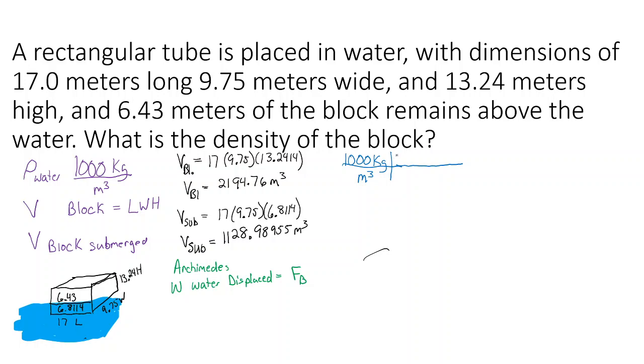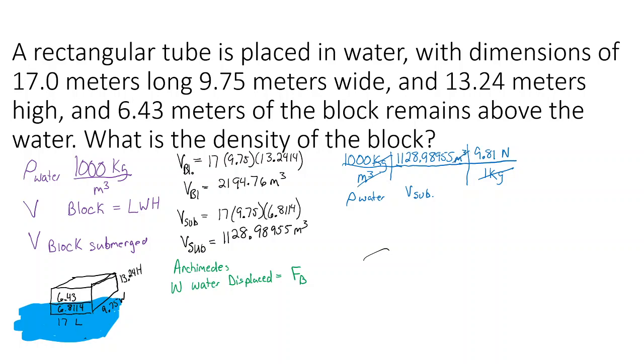So the submerged block's volume is 1,128.98955 meters cubed, and this is the density of water. But then that's not going to give us buoyant force or weight of the water, either one. We've got to turn that into newtons, so it's 9.81 newtons for every 1 kilogram. Now my kilograms are gone, my meters cubed are gone, and the only unit left is newtons.